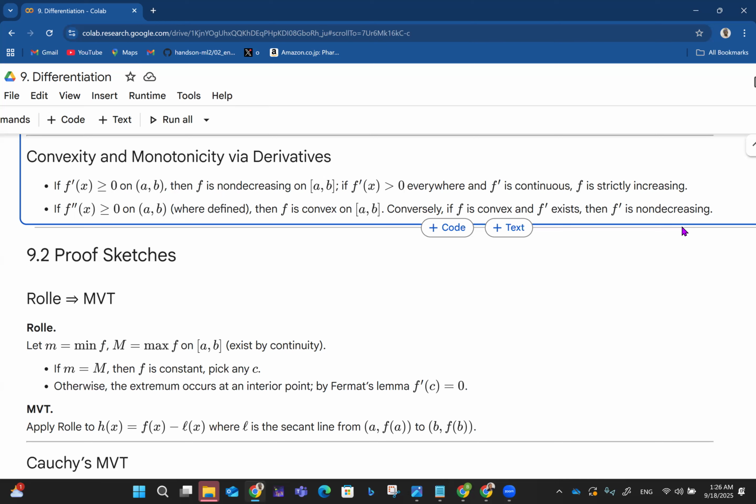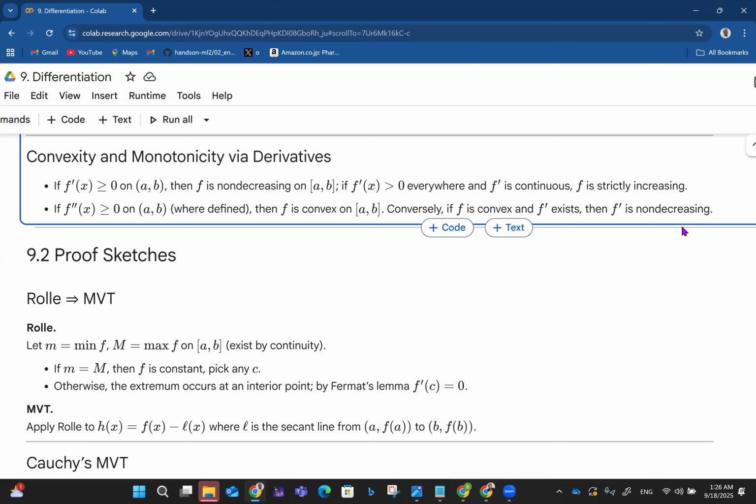And that is why, if you want to test for the nature of points in calculus, we differentiate, we equate to zero, we get the values, and those values we differentiate a second time, and then we substitute.